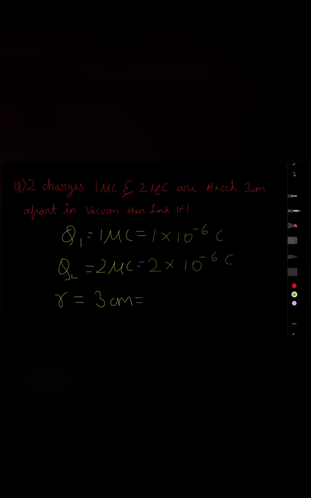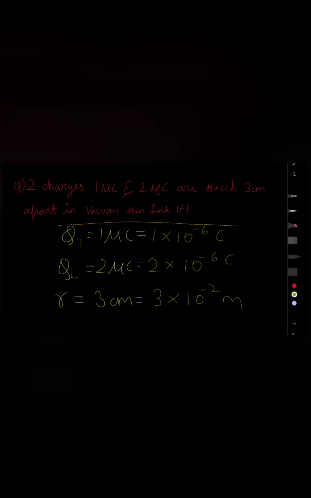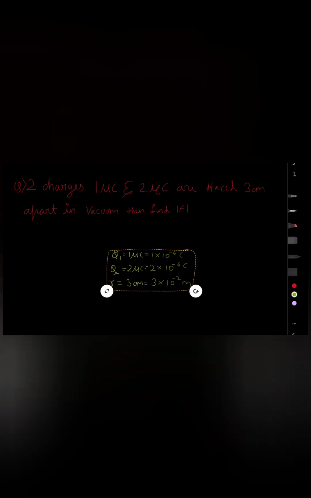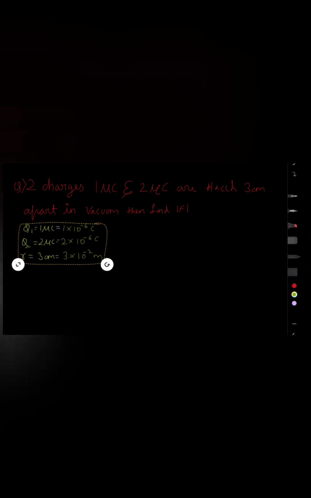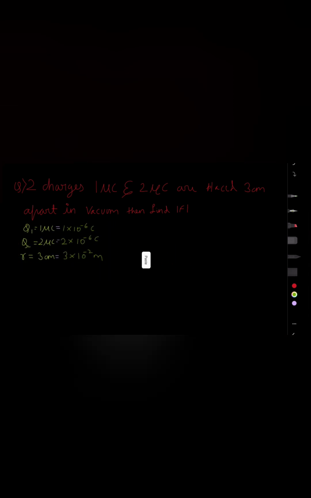They have given centimeters, so we will convert into meters: 3 into 10 to the power of minus 2 meters. This part is very important, and this type of question is frequently asked in competitive examinations.